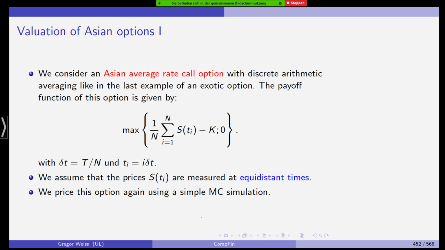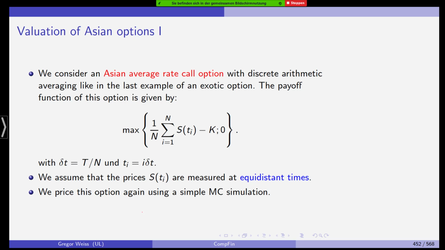Now let's use Monte Carlo simulation for an Asian option, and we are looking at an Asian average rate call option with discrete arithmetic averaging. So this is an exotic option, and the payoff function is the maximum of 1 over n times the sum of all those stock prices minus the strike.